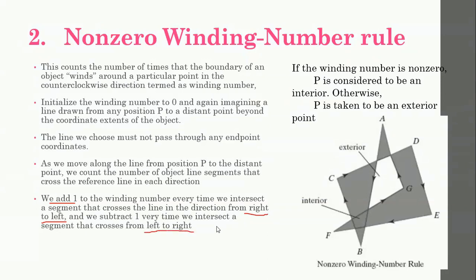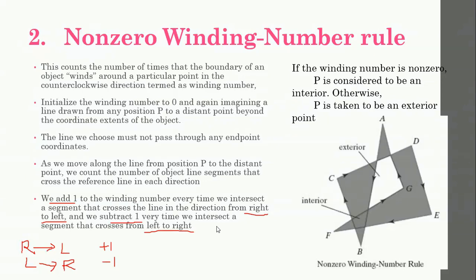Remember, if you are going from right to left, you are going to add a number. If your line segment is moving from left to right, then you are going to have a subtraction, that is -1.